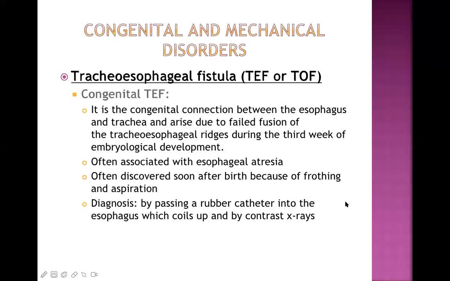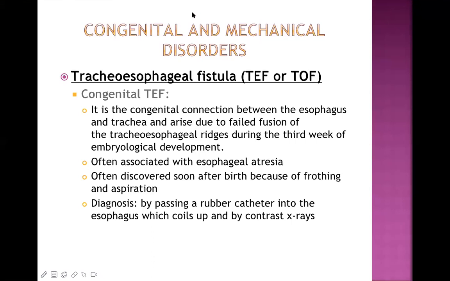Okay, so there are two types of tracheoesophageal fistula, congenital and acquired. Now, fistula means a connection between two tubes, and those two tubes are trachea and esophagus. So this is the congenital connection between esophagus and trachea, and it arises due to failed fusion of tracheoesophageal ridges, which occurs during the third week of embryological development.